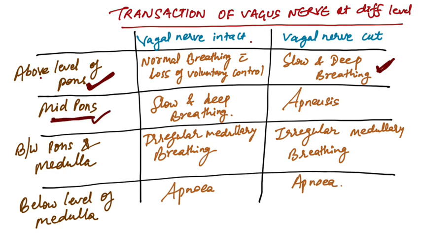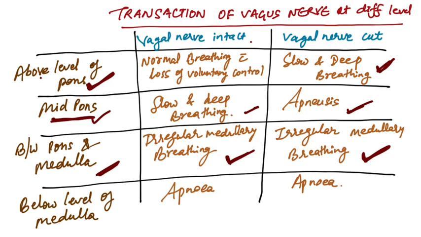Now mid pons: if the vagal nerve is intact, there will be slow and deep breathing, and if the vagal nerve is cut, there is apneusis. Now if the injury is between the pons and the medulla and the vagal nerve is intact, there is irregular medullary breathing. And if the vagal nerve is cut, then also irregular medullary breathing is present.